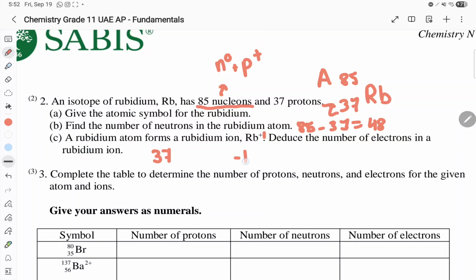Because if it's -1, it has an extra negative charge. If it's +1, it's missing an electron, so it has an extra positive charge. So here it's +1, so you subtract 1 to get the number of electrons, 36.